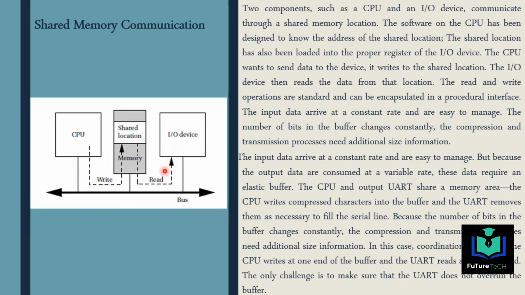After that, the compressed data is expanded and given either to the CPU or to the IO devices. Once the data is written to the shared location, it is shared with the IO device. The IO device will start reading the same data from the shared location. For all this communication, we need a bus and also a UART device, the universal asynchronous receiver transmitter.